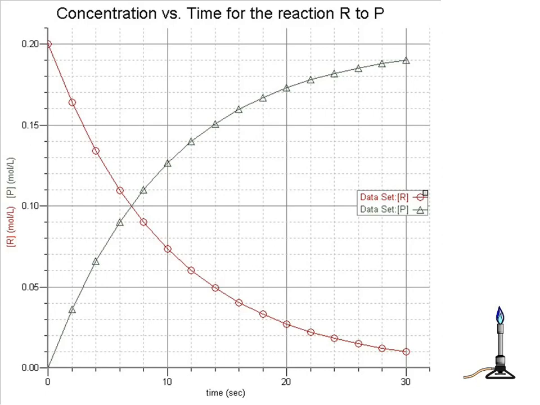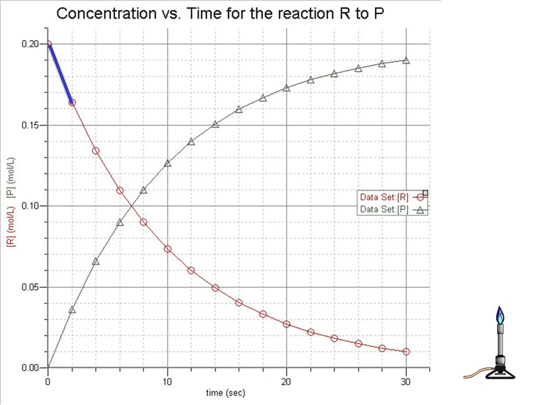So the rate at which the reaction is occurring, we can track as the change in concentration of your reactant over the change in time.